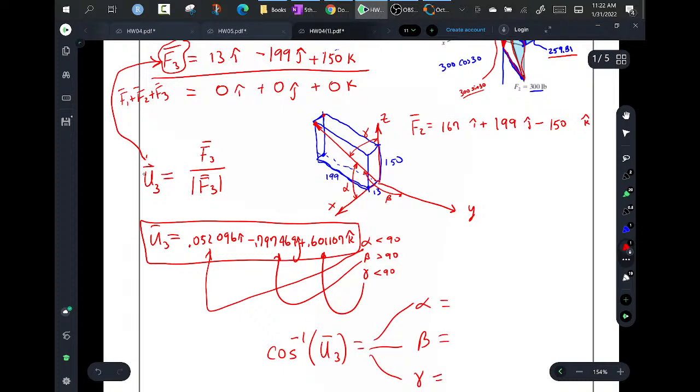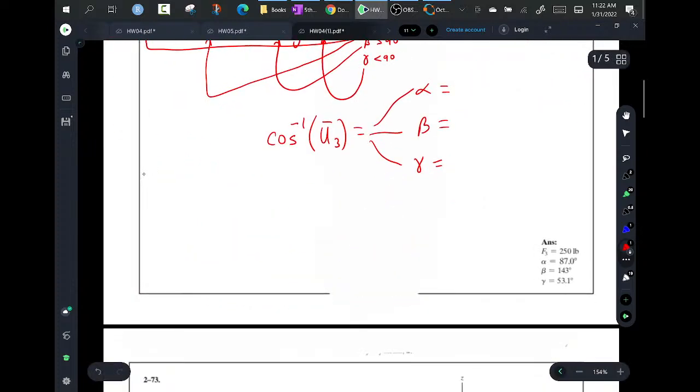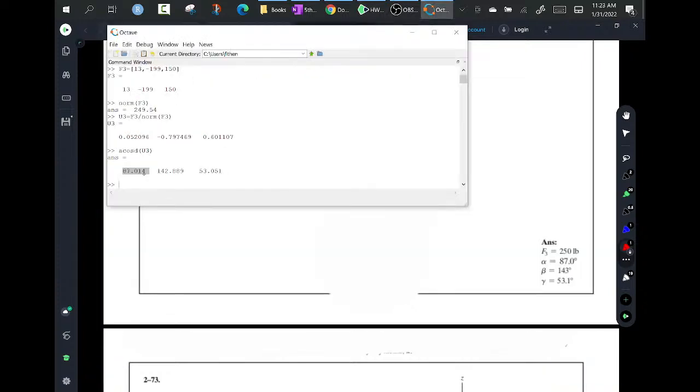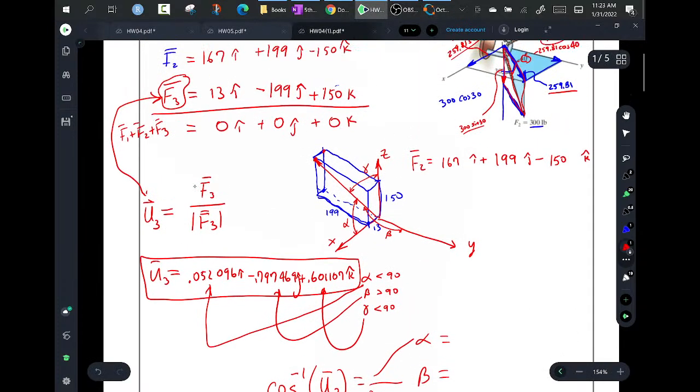Now, instead of writing them down, I'm going to compare the 87 here to the 87 he has over on the right here. 142, he said 143, 53. So you kind of get the idea.